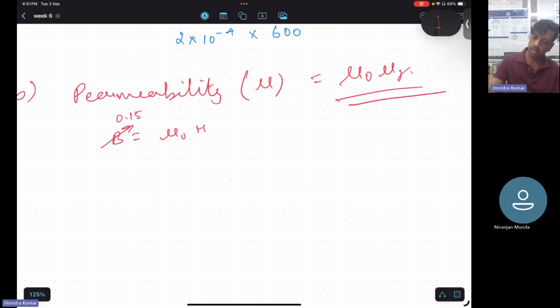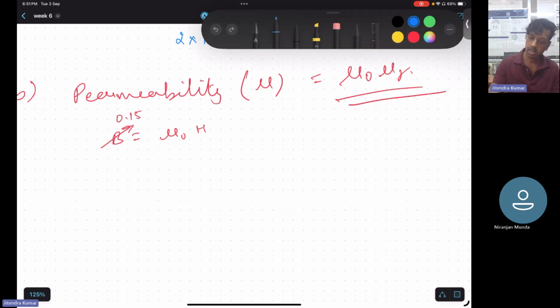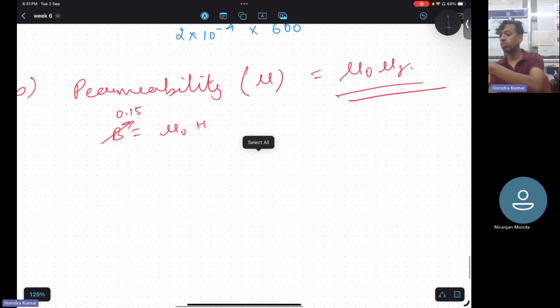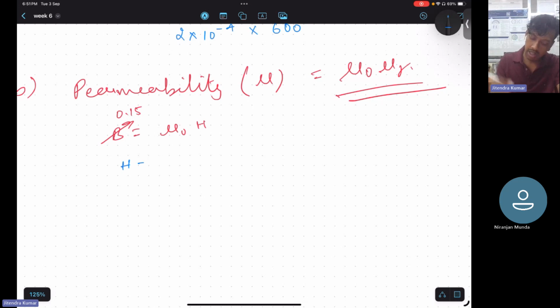Isn't it? H we don't know yet, but we are going to figure it out. So what is the expression of H? The unit is ampere per meter, right?